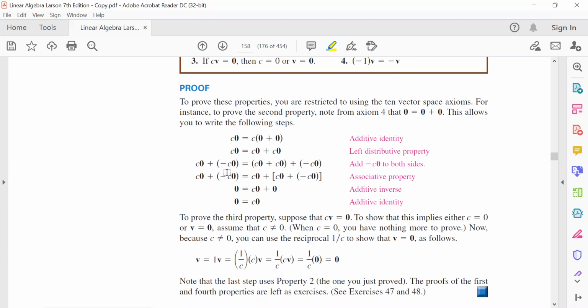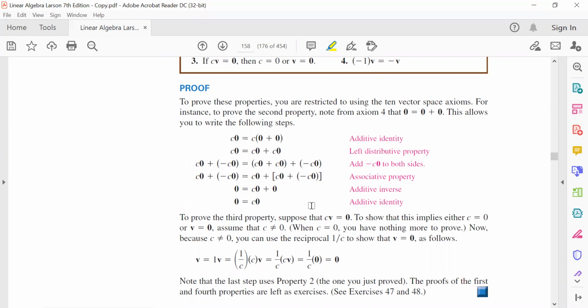Now I add the inverse, and I get that 0 is equal to C0 plus 0, but C0 plus 0 is equal to C0. So basically this whole long proof was to show me that C times the 0 vector is equal to the 0 vector. I know it seems long and arduous to prove something that's pretty obvious, but we're working just based on the axioms that we had, not assuming anything else.